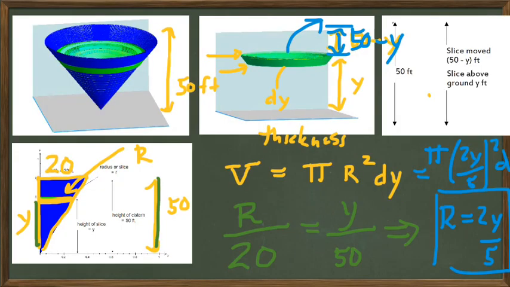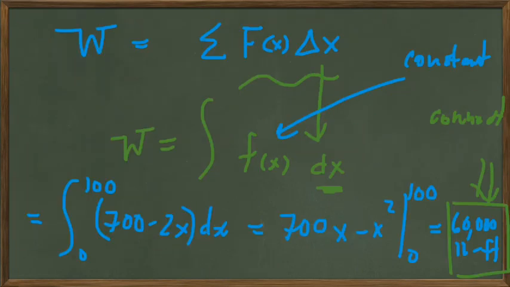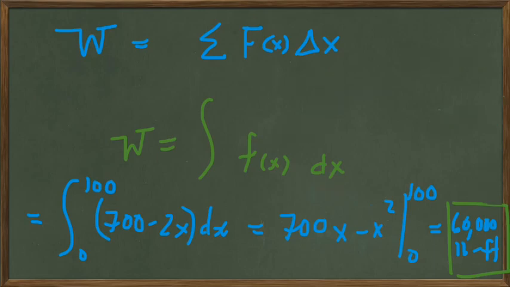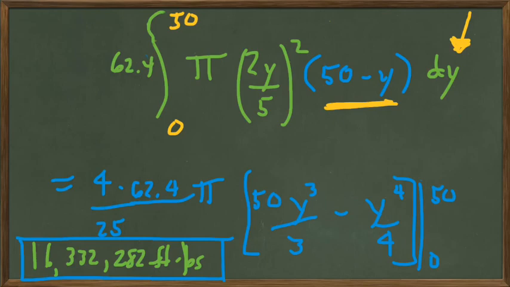Whereas in the chain lifting problem, the way we made the force constant was to move it in very small increments, so that the changing weight of the chain was not noticed. So the dx there represented the amount it was moved, whereas here dy represented something very different, the thickness, to make it constant.